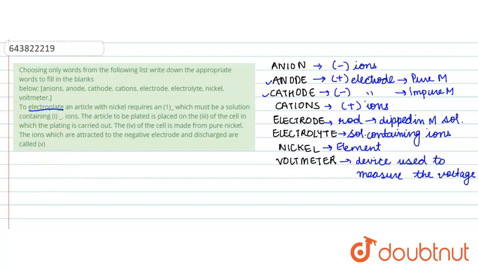So what does electroplating mean? Electroplating is the process of applying a metal on another piece of metal.